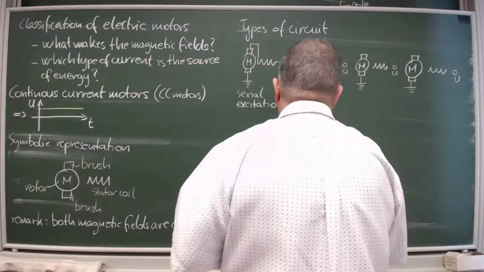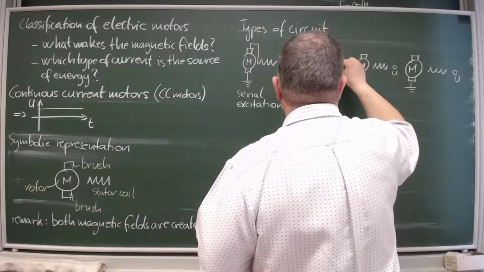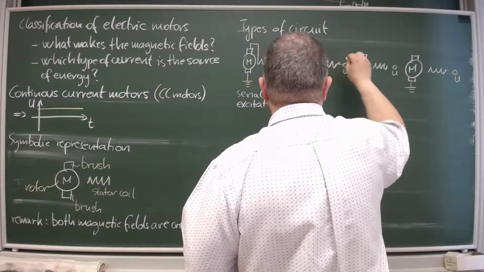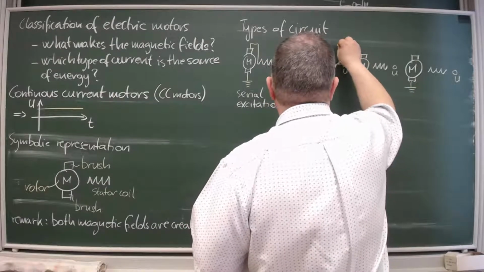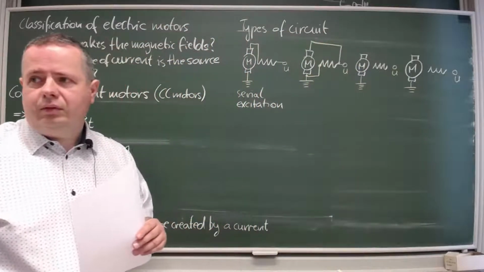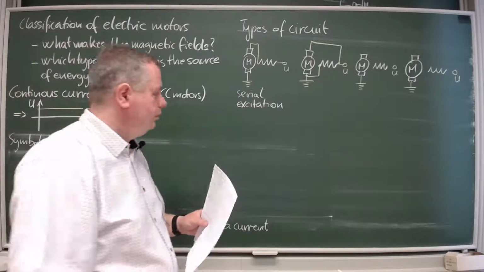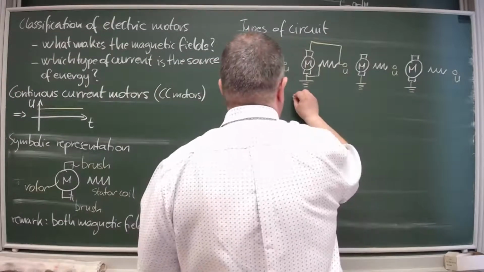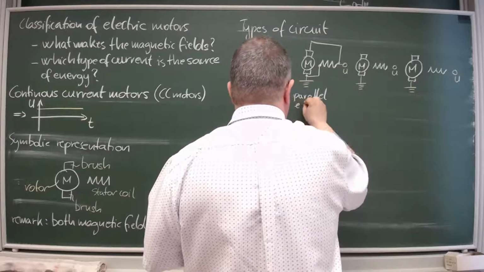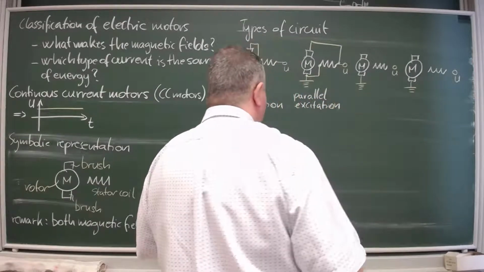The second type of circuit is when you get a parallel excitation. Okay, do you see? Parallel excitation.